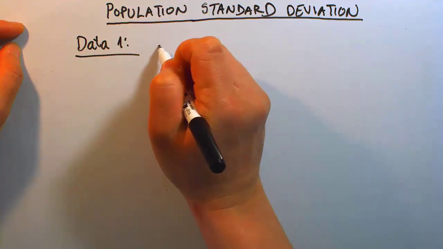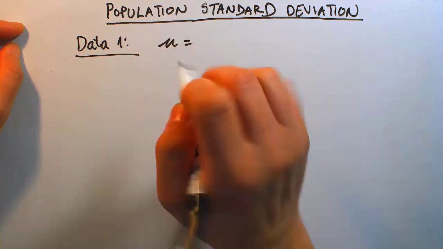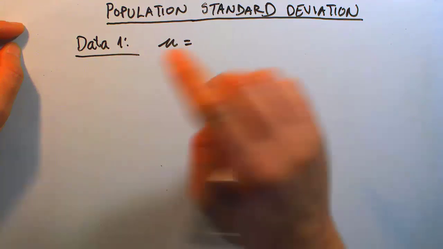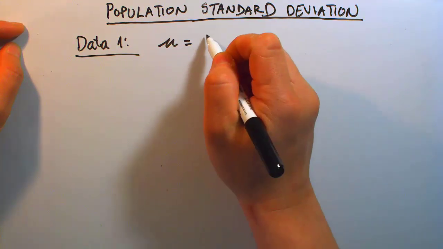We remind ourselves that right before this we were finding the population mean, treating data 1 as a population, and the mean value of data 1 is 76.3.